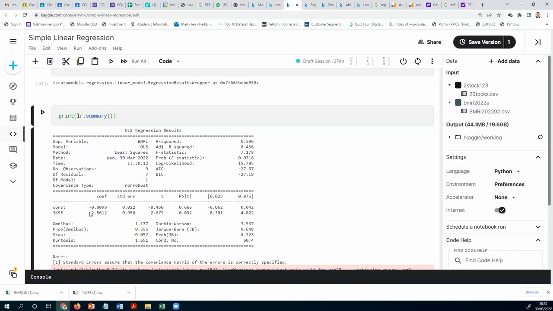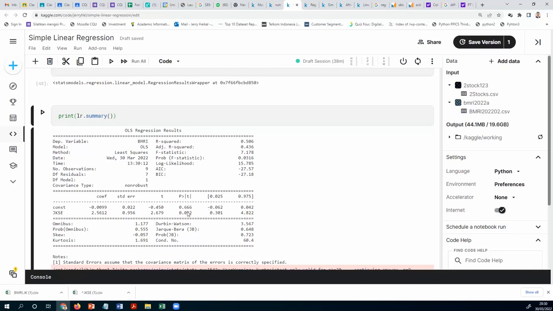So the constant will be minus 0.0099. The beta is 2.5612. And then the T statistic is above 1.96. This is okay, significant.